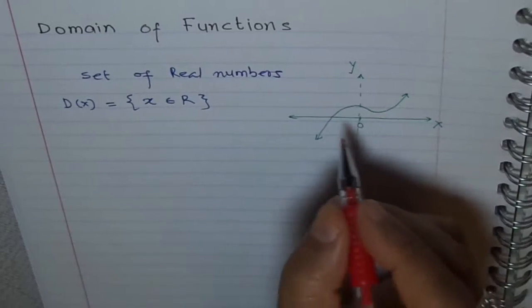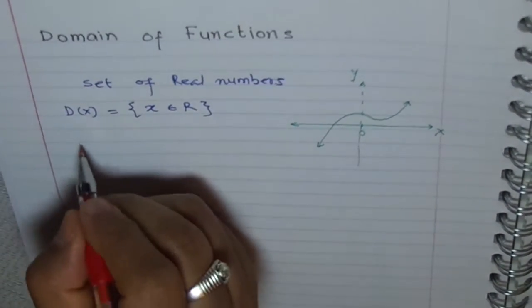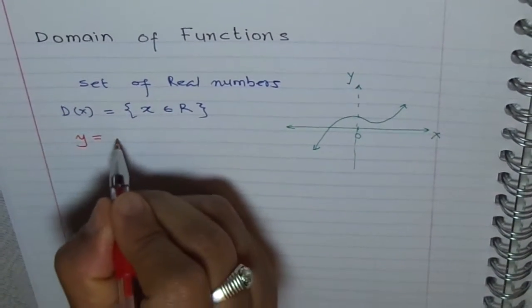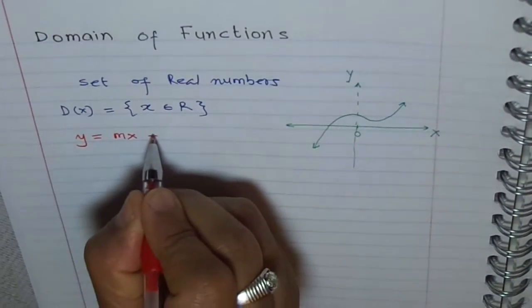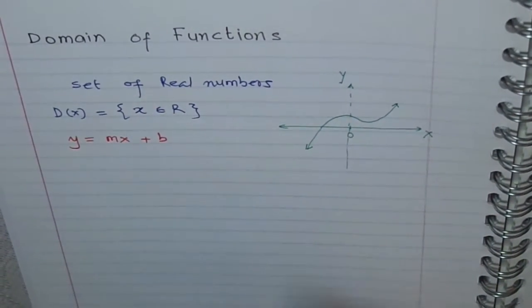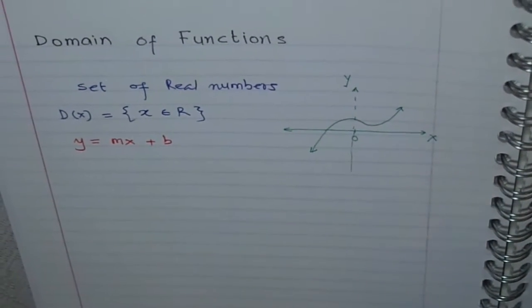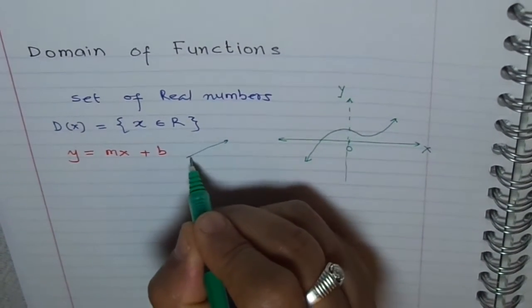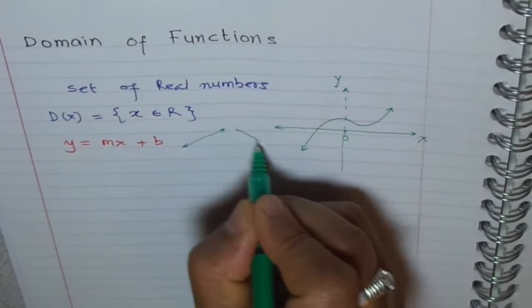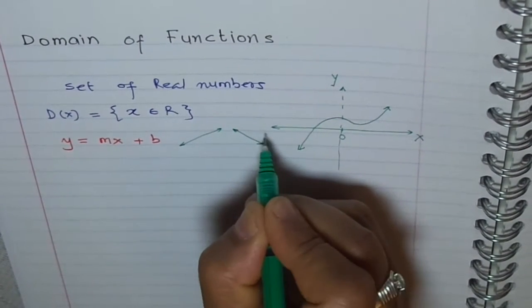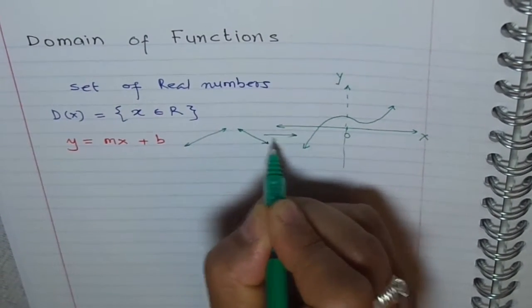Some of the good examples are straight lines, represented by the function y equals mx plus b. As you know, these straight lines could be lines like this with positive slope, or lines like this with negative slope, or even a horizontal line.